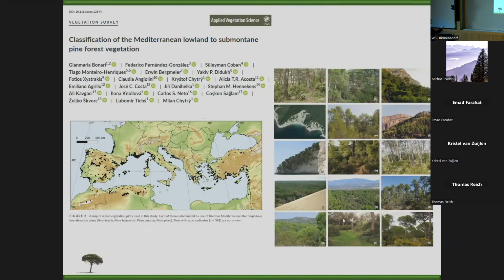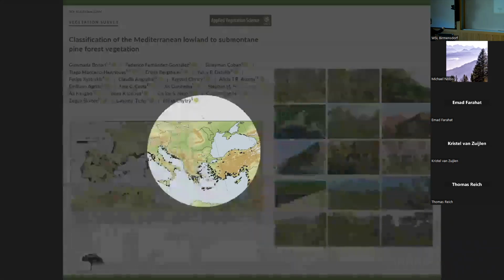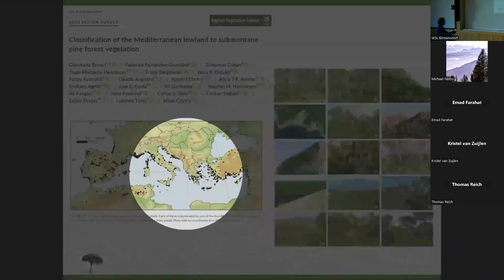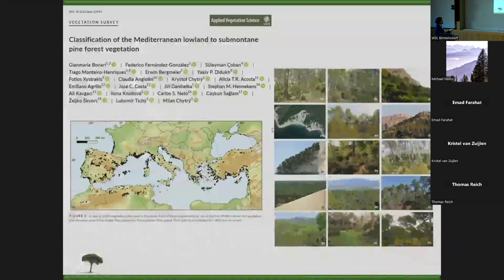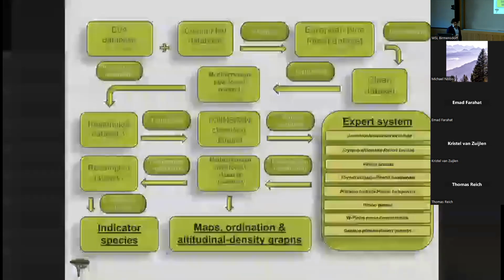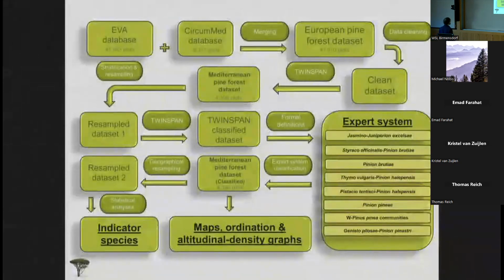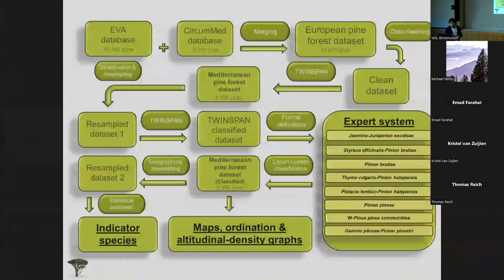It included more than 10,000 vegetation plots. And here is an overview of the different types of this forest. The workflow is kind of long and complicated, but basically what we did is we merged the available data, then we classified these plots, then we resampled these plots, and then we tried to create an expert system.